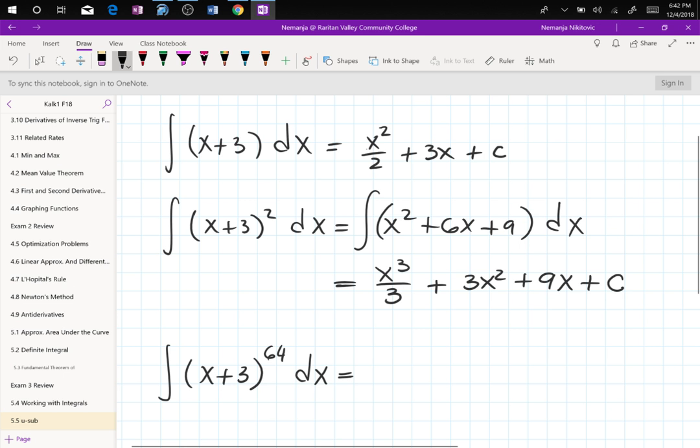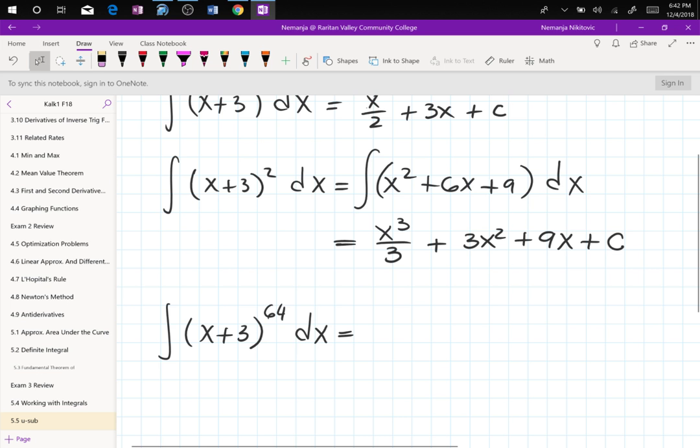No? So, can we multiply this out and then integrate the x to the 64 order polynomial? The answer is yes. It's a little bit time consuming, right? It will take some time, but not an issue, right?